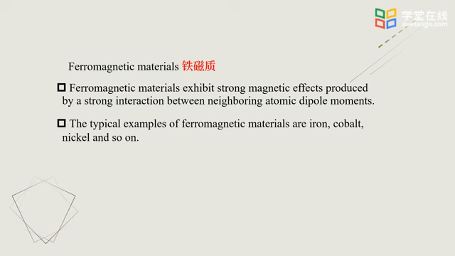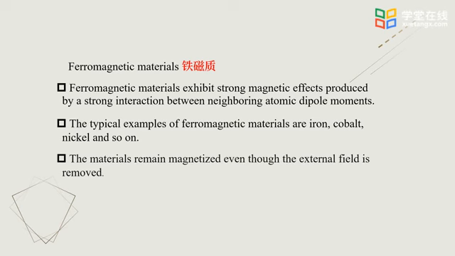The strong interaction between the atomic magnetic moments produces a much stronger alignment than that in paramagnetic materials. Once the moments are aligned, the materials remain magnetized even though the external field is removed.